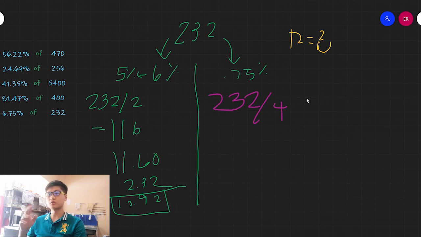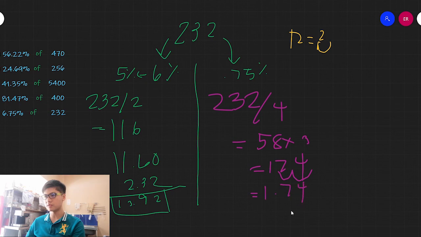Then moving two decimal places to the left afterwards, so we can make it 0.75%. So 232 divided by 4 is equal to 58. And then 58 times 3 is equal to 174. So we move two decimal places to the left, and we are going to get the answer of 1.74.